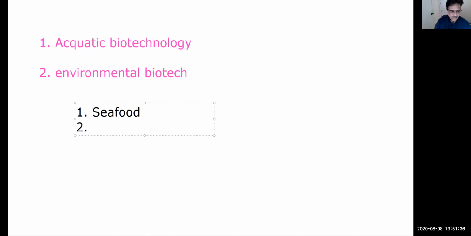Second, I'll be focusing on research, like the use of aquatic organisms as a research tool. These are the two topics that we'll be covering under aquatic biotechnology.